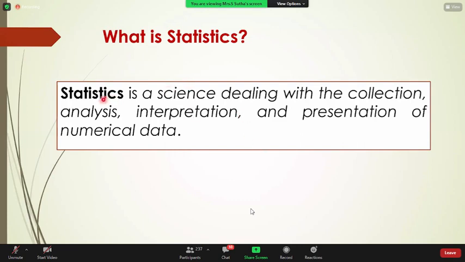Here, statistics is a science, so it is a discipline or subject or field. This field provides the methods for collection, analysis, interpretation, and presentation of numerical data. All these are the process.